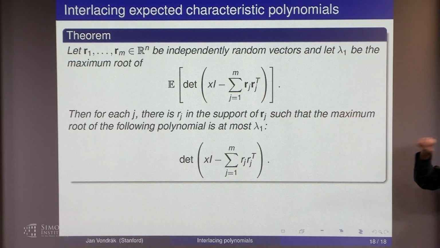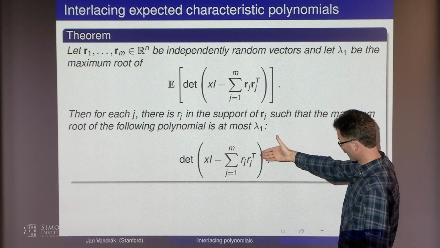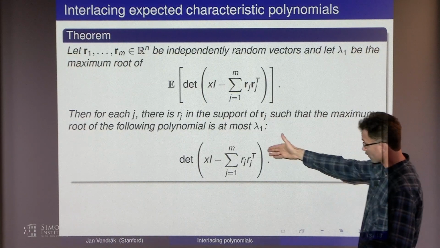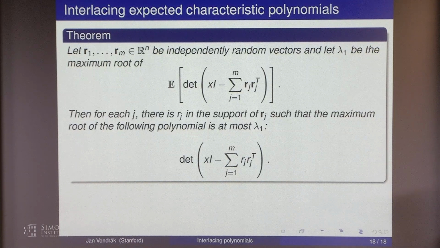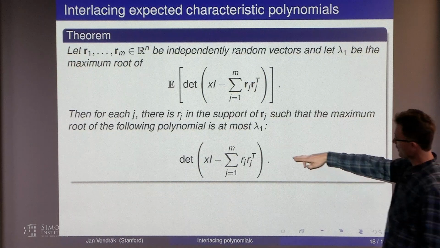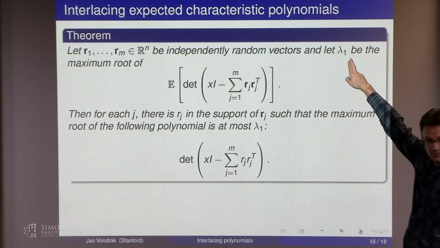For each of them, there exists a choice, such that when you look at this characteristic polynomial, this is an actual characteristic polynomial of a matrix, then the maximum root of this is also upper bounded by lambda 1, the same bound.